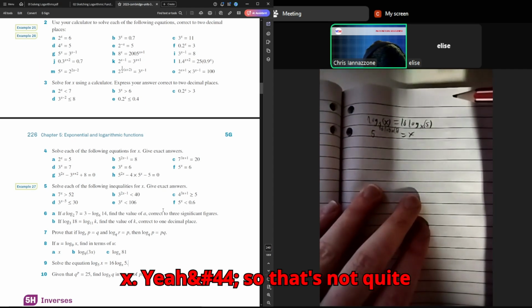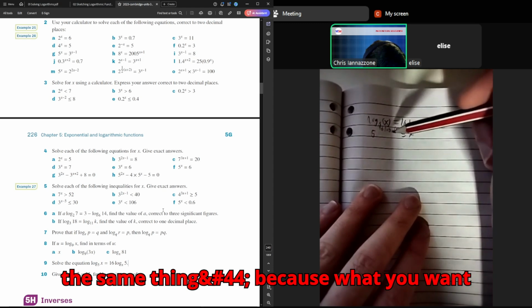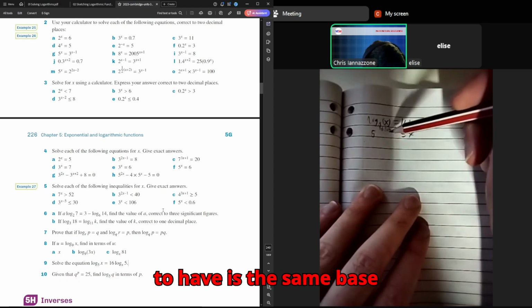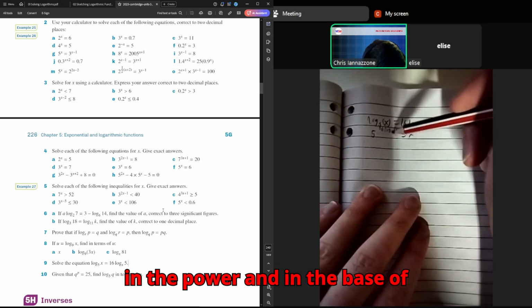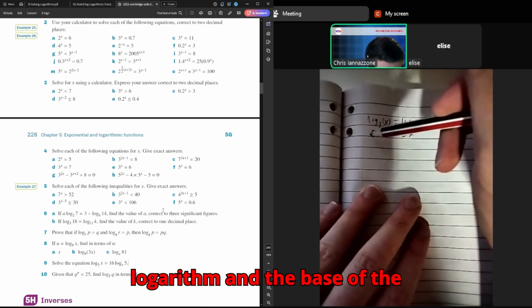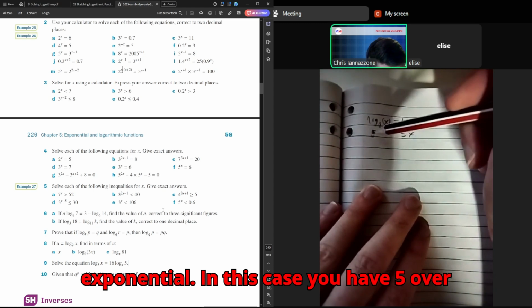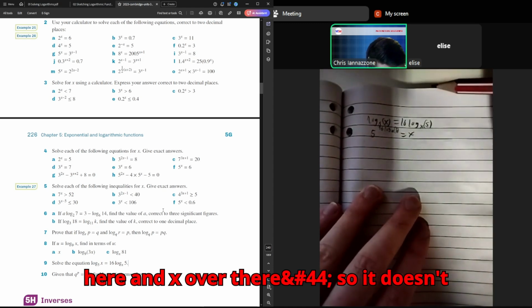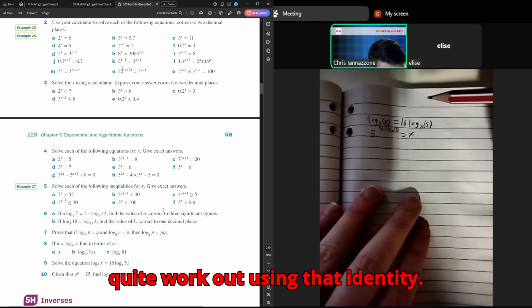Yes, that's not quite the same thing because what you want to have is the same base in the power and in the base of the logarithm and the base of the exponential. In this case, you have 5 over here and x over there, so it doesn't quite work out using that identity.